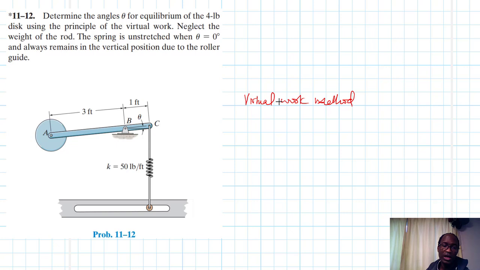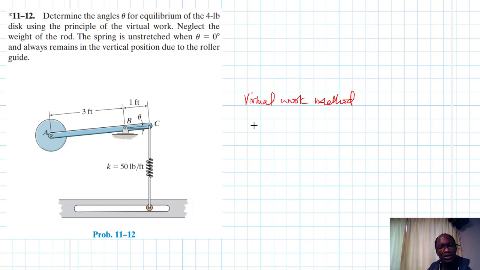So if it is an alternative, it means we can solve this particular problem using the equations of equilibrium for a rigid body. But in this particular case, we're going to solve this using virtual work method.